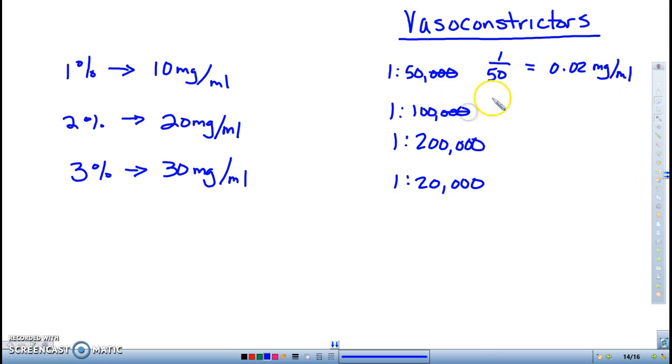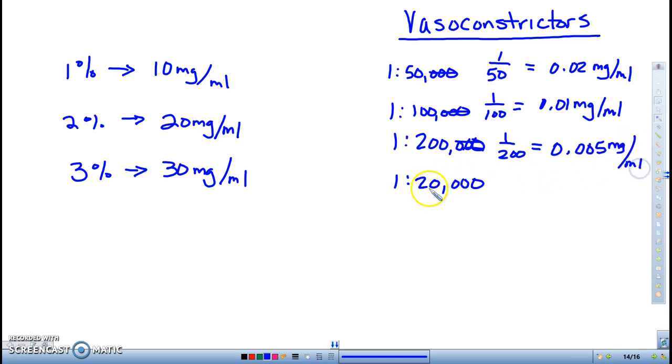Here, knock off the zeros. 1 divided by 100 is 0.01 milligrams per milliliter. Same here, knock off those zeros. 1 divided by 200 gives you 0.005 milligrams per milliliter.